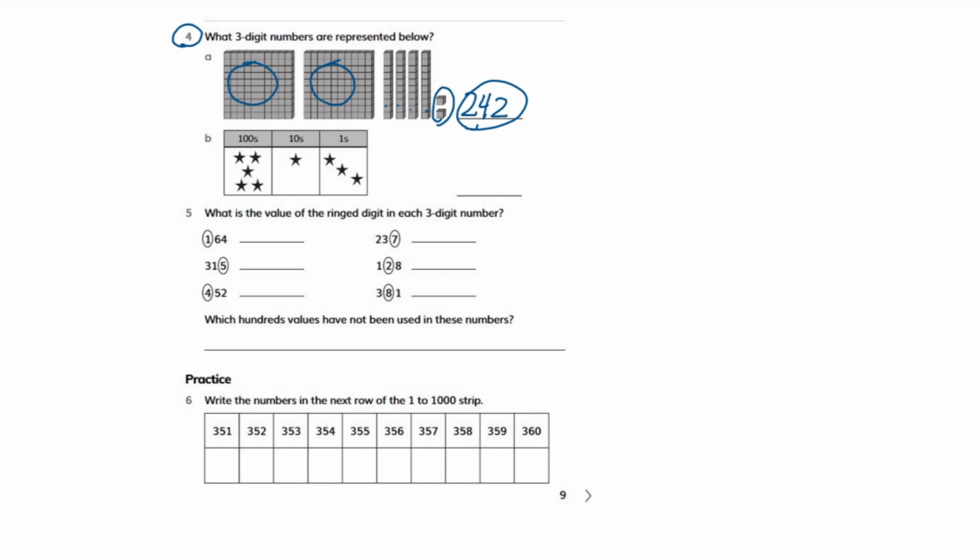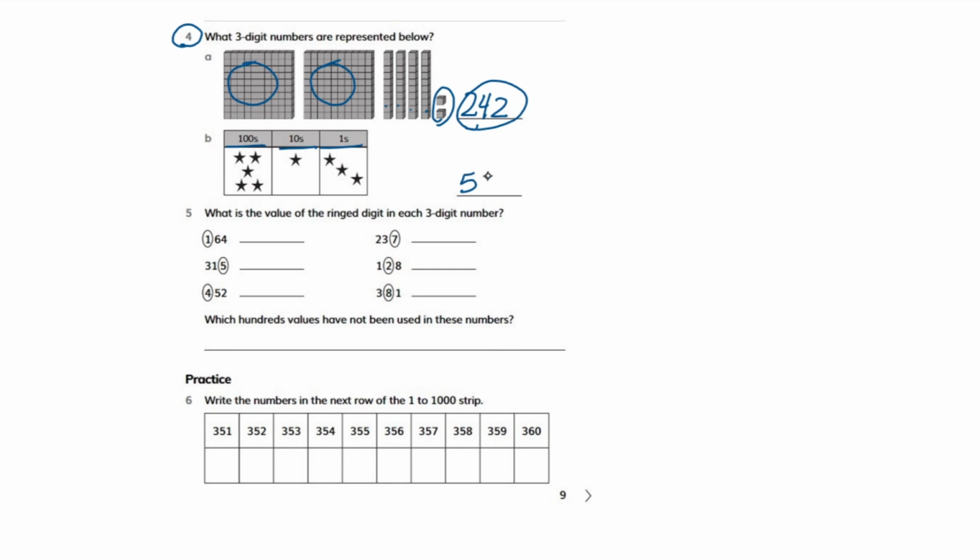In part B of question number 4, we have stars showing the hundreds place, the tens place, and the ones place. In the hundreds place, we have 5 stars. So the number in the hundreds place is 5. In the tens place, we have 1 star.